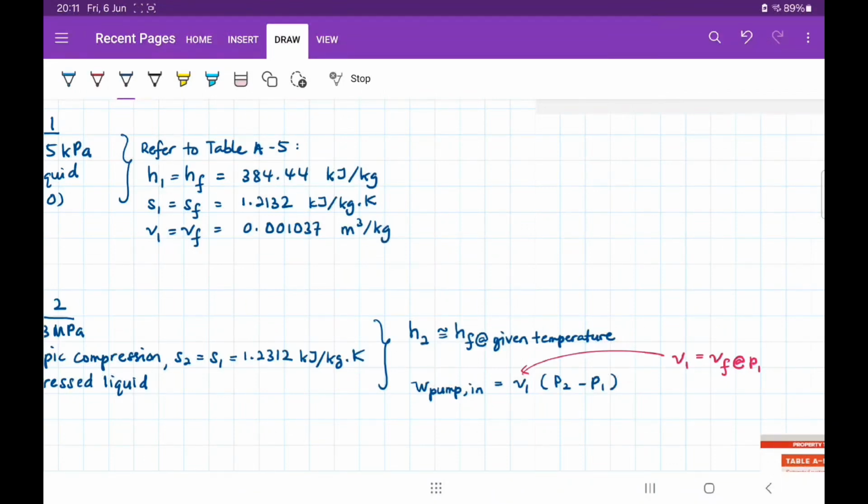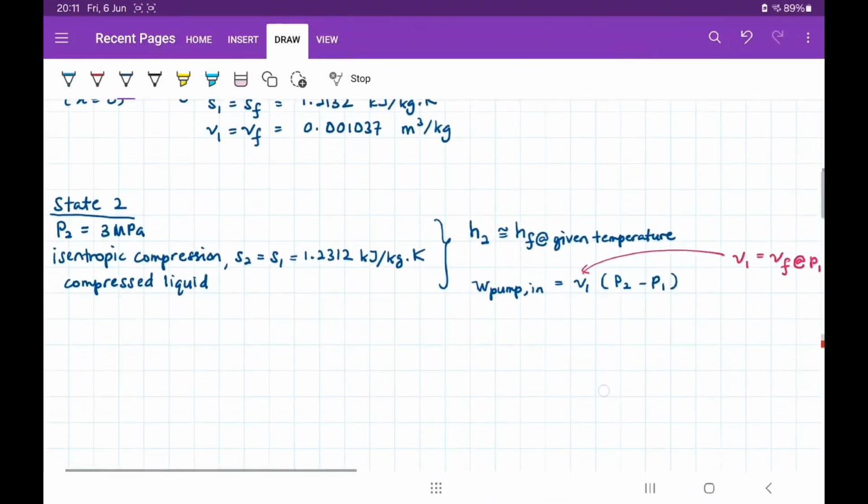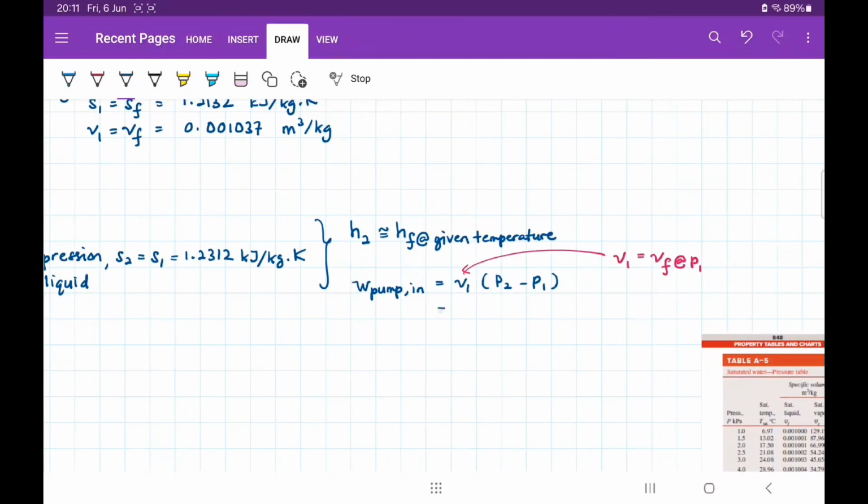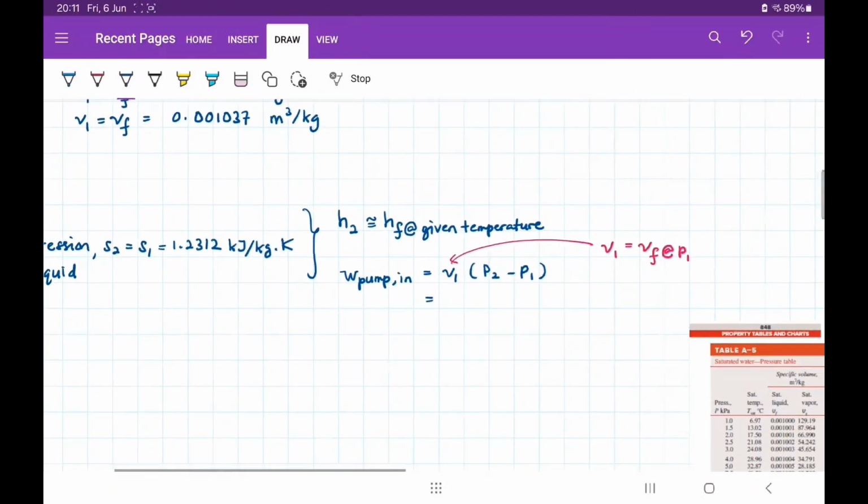Now we use that information to find the work needed by the pump, and then we can use W pump in to determine our H2.